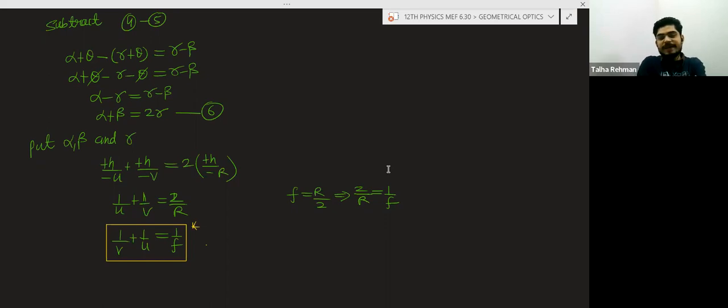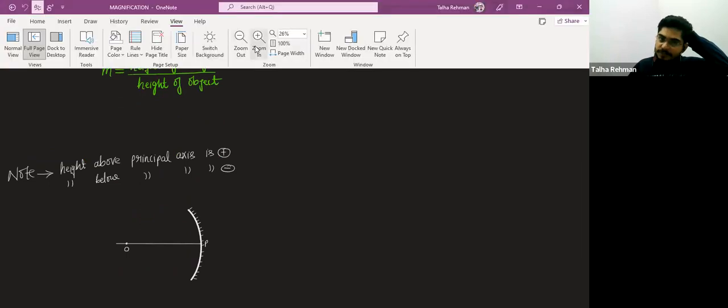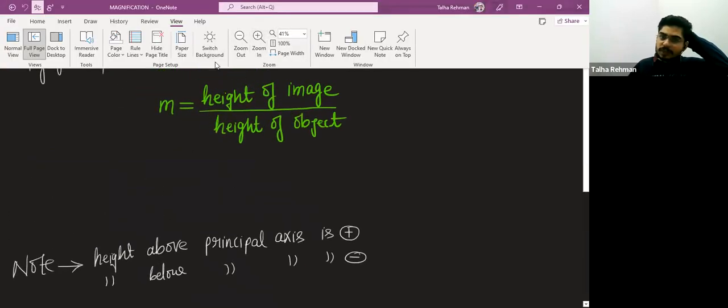After this, we will discuss the magnification again. For the definition, if someone asks what is magnification, you will say magnification is the ratio of the height of the image divided by the height of the object.